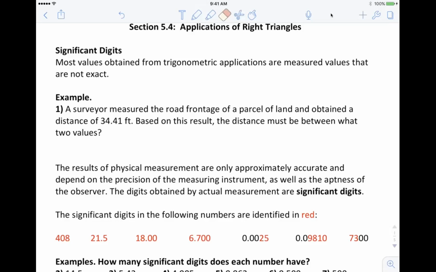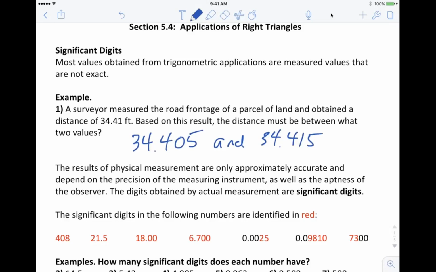We don't know. More precisely, based on that result, the distance must be between a little less, 34.405, and a little above it, 34.415, okay?